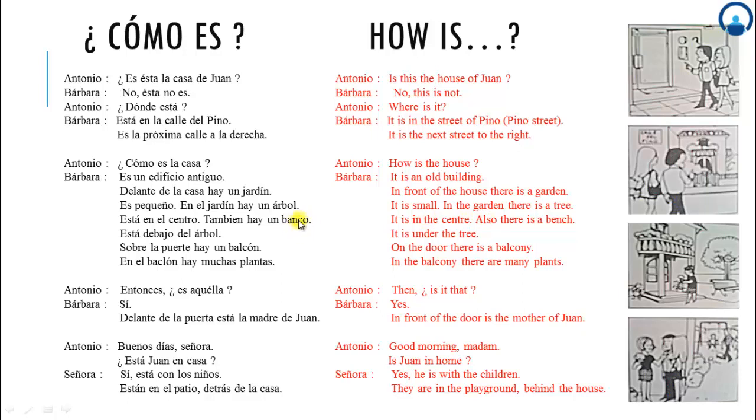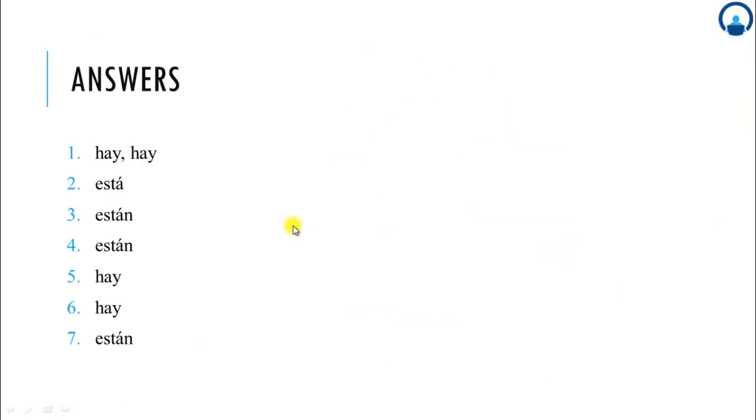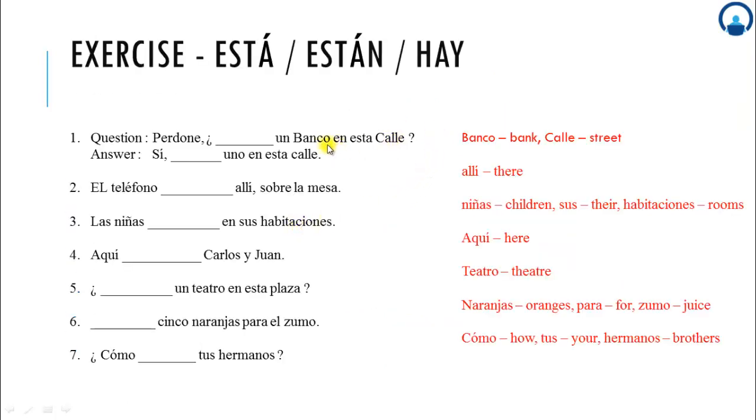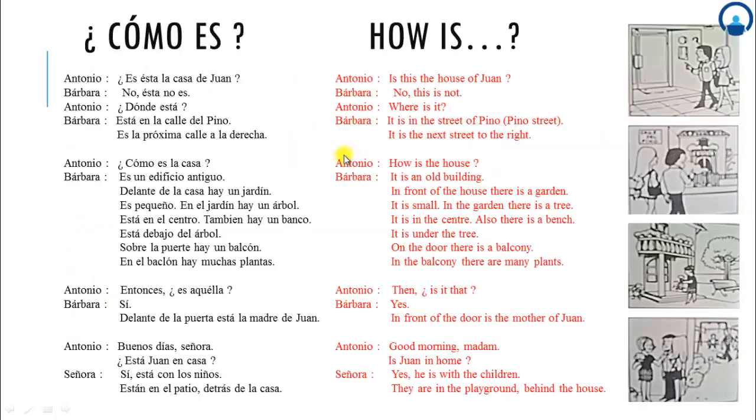Now the difference is this banco, the bench, the B is small, and in the banco which means bank, the B is capital. So I know it might be a very tedious thing, but yes, this is a rule which says banco with a capital B is bank and banco with a small b is bench.